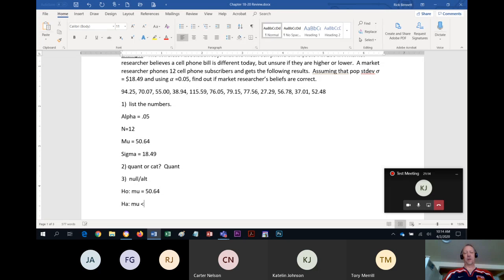That's good. I would also like you to pick the confidence interval. The confidence interval and the hypothesis test use the same assumptions.